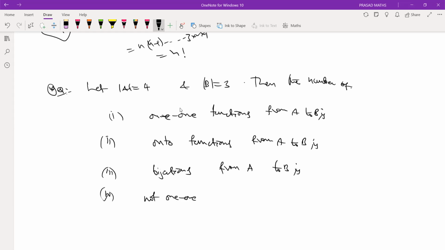This is what is called many-one function in some books. Many-one functions. The number of into functions, not onto functions, that is, we call them into functions. Not onto functions. In some books, we call them into functions.